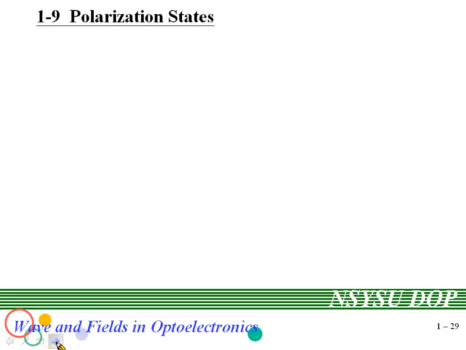Here, we will learn how to define the polarization state of an EM wave. As we know, the direction of the E field of an EM wave will change with time as it propagates.